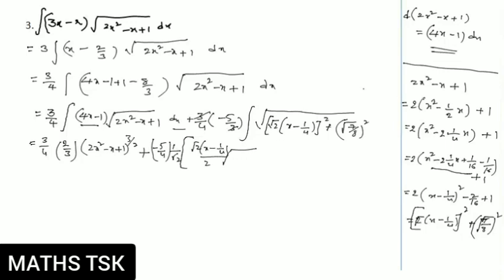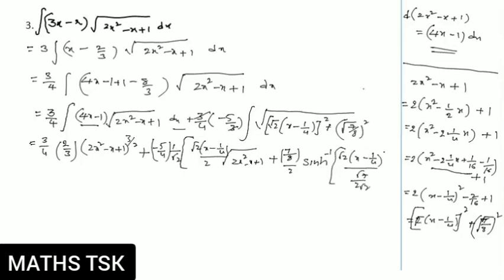This total can be written as 2x square minus x plus 1, and then plus a square by 2 sin h inverse of x by a, that is root 2 into x minus 1 by 4 by a, where a is root 7 by 2 root 2.